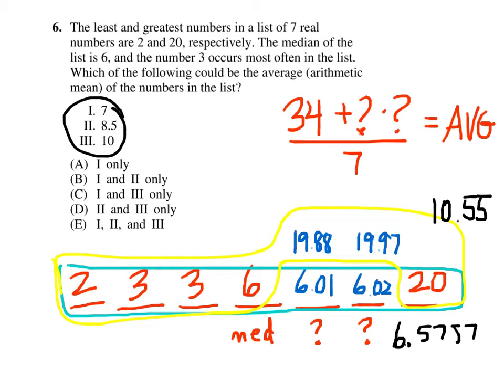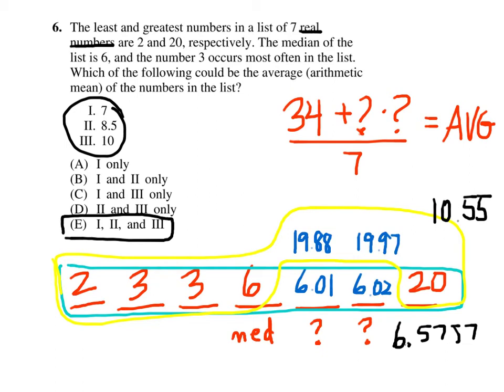So just using this technique of estimating the biggest that the average could be and the smallest that the average could be, and then realizing that it can be anything in between because it's a list of real numbers, we see the average could be any of these 3 that are on the list. So 1, 2, and 3.